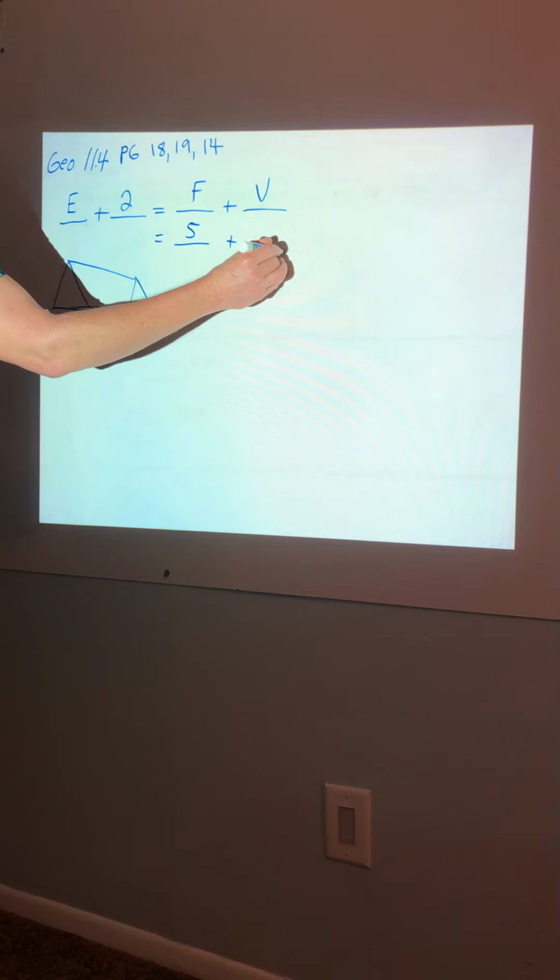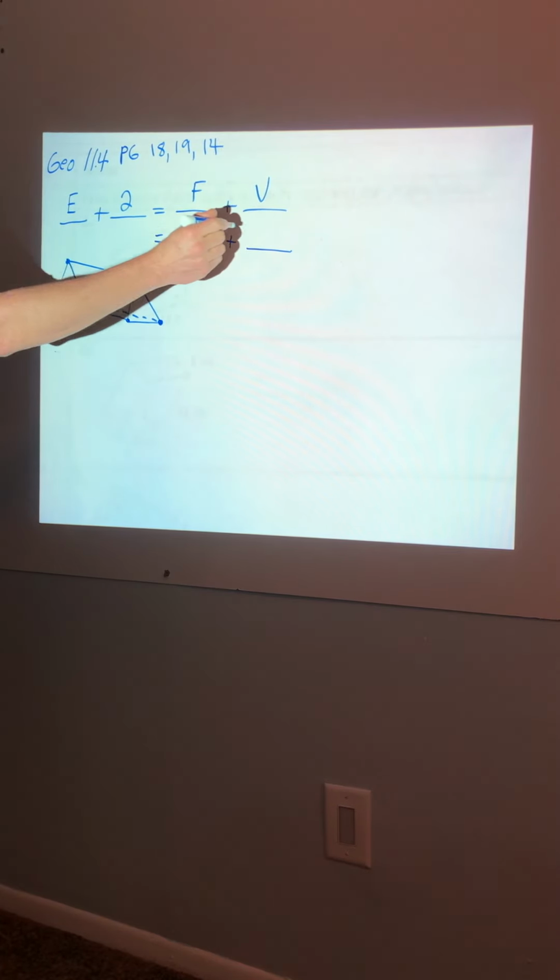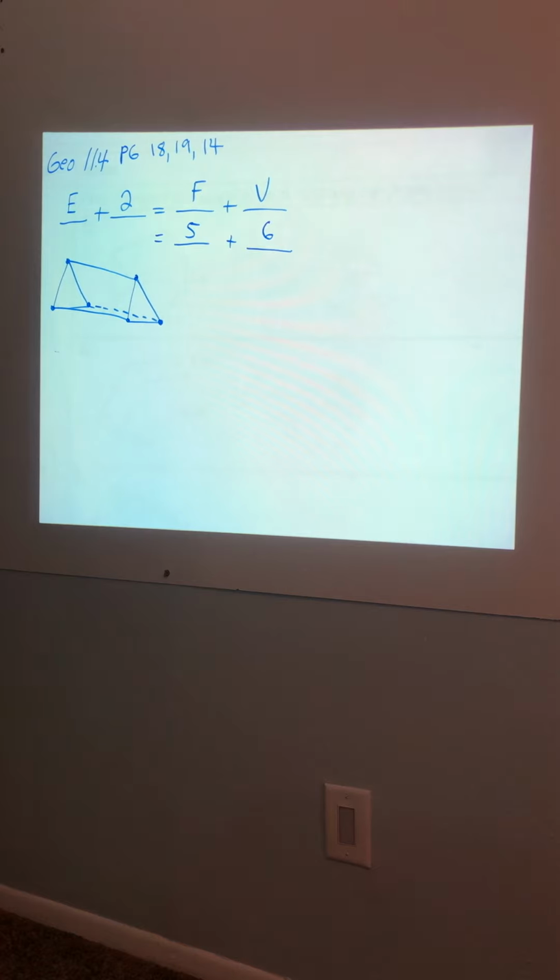Vertices, let's count vertices. Vertices are those points. Look, 1, 2, 3, 4, 5, 6, and therefore you have 6 vertices. Edges, you've got 1, 2, 3, 4, 5, 6, 7, 8, and then 9.